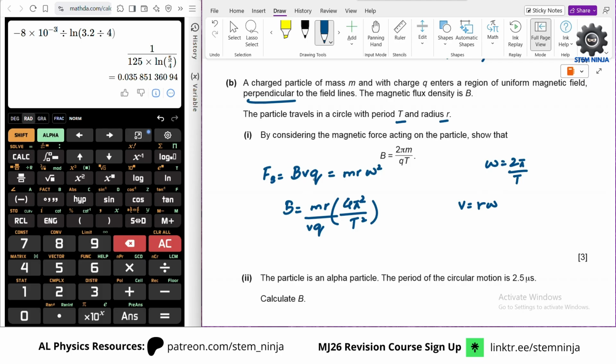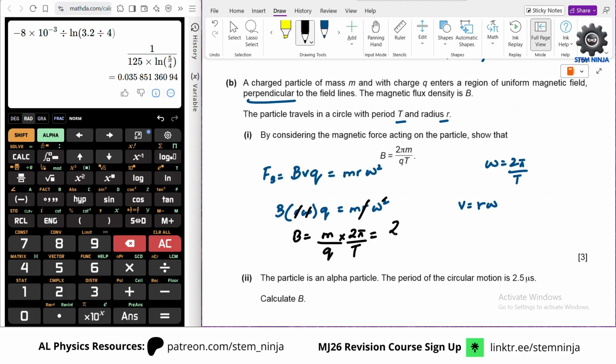That's how basically we could have actually cancelled out. So let's see. B r omega q equals m r omega squared. So r gets cancelled, omega gets cancelled. So B would be m over q times 2 pi over T. Right. So 2 pi m over qT.